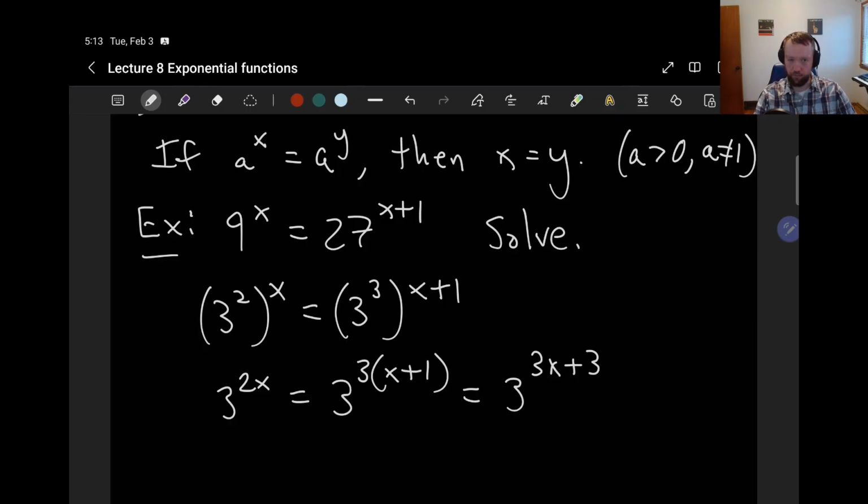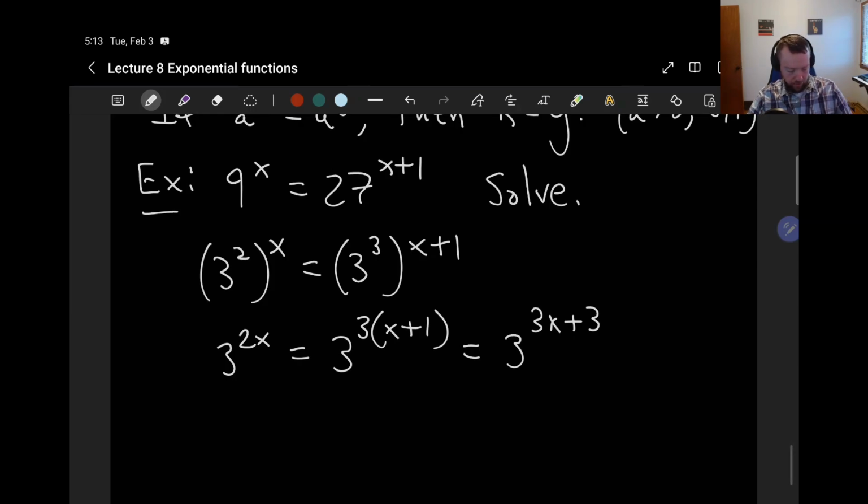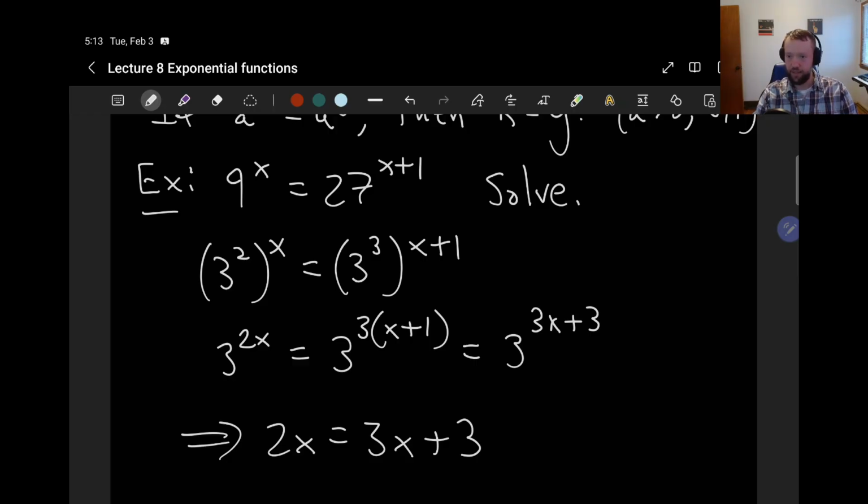That could be a common mistake that could be made. So focusing on the ends, now that we have the same base, that means that the powers are equal. 2x equals 3x plus 3. And now this is merely a linear equation, so a lot easier to solve.